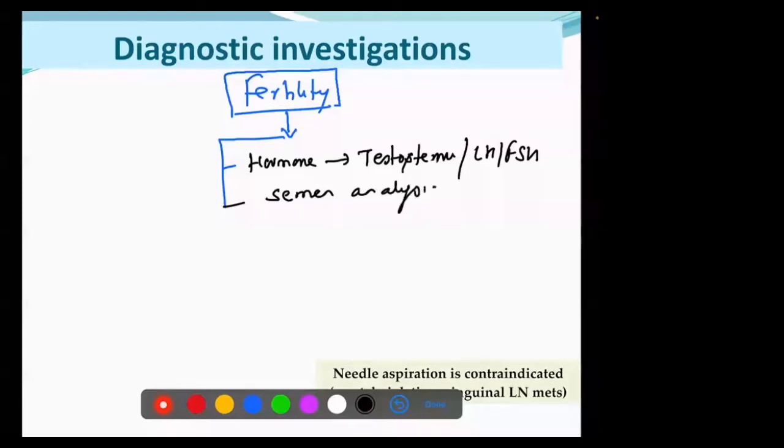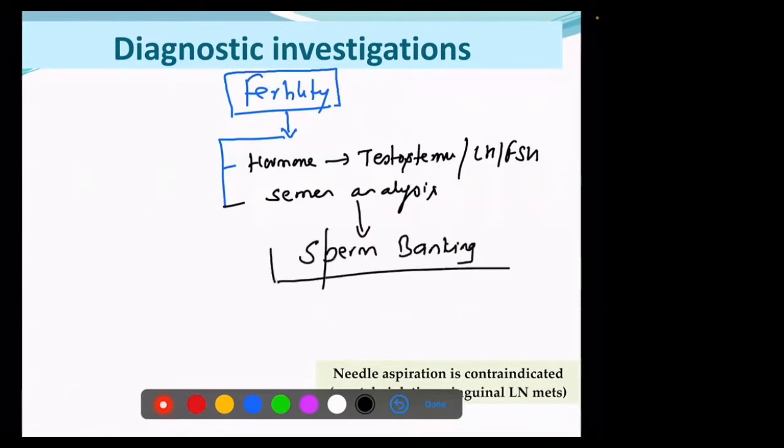And once we see all these parameters, then we advise the patient for sperm banking, such that the sperm later on can be used for IVF, and the couple might have children in the future. So see, what happens in testicular tumor is we remove the affected testis, and after that we give radiotherapy to the abdomen or systemic chemotherapy.